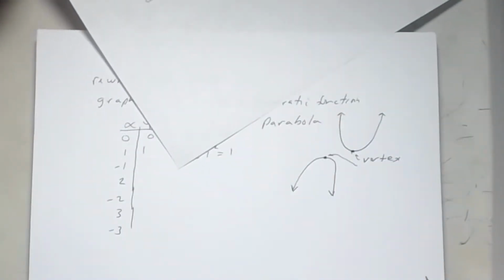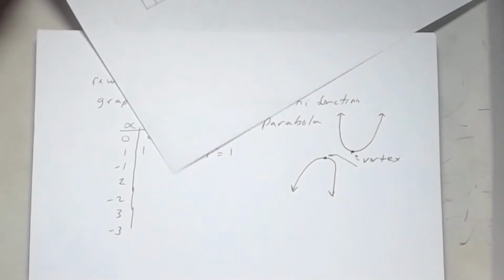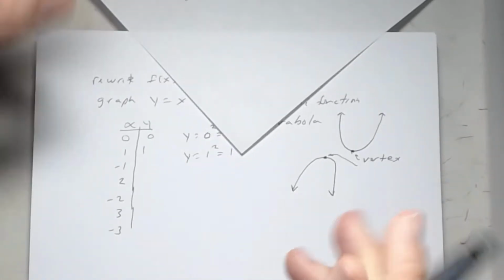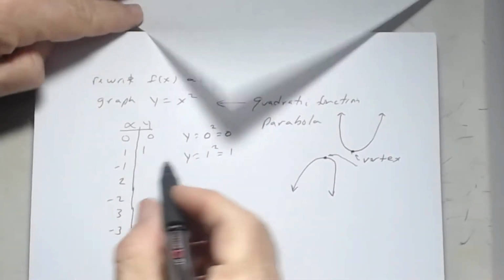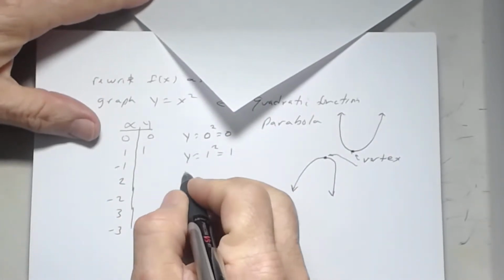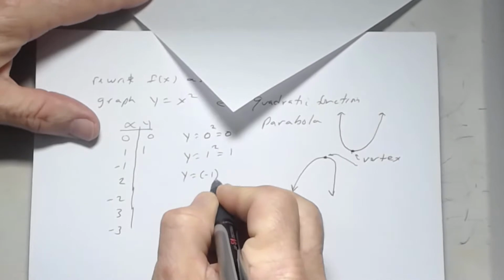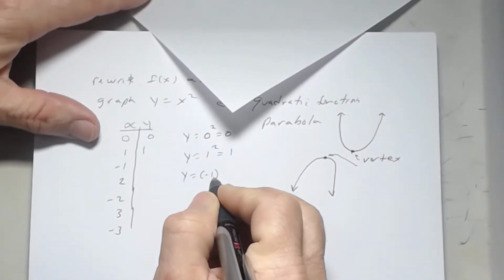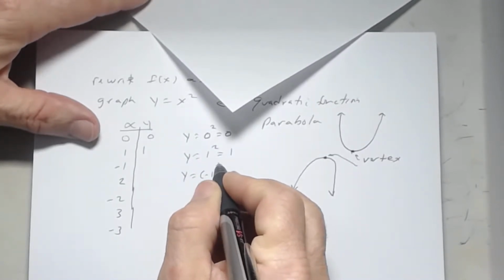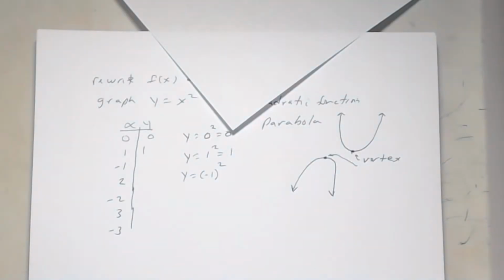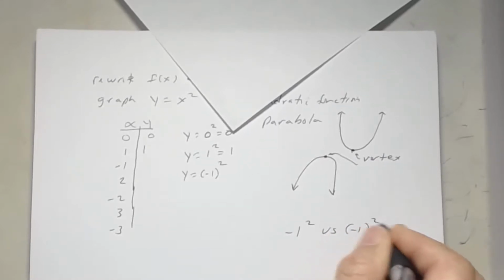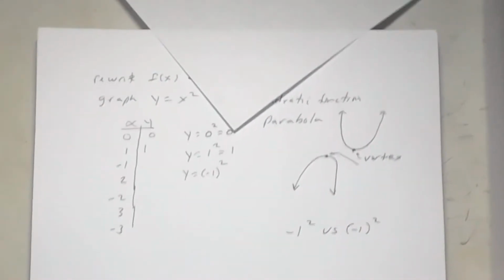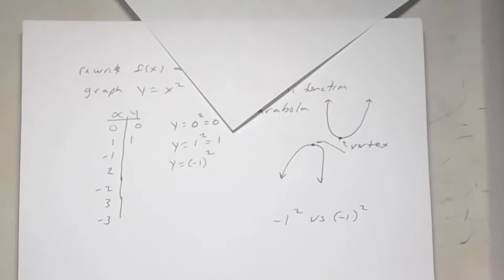When x is negative 1, you got to be careful when using your calculator. With the negative values, you need to put that in parentheses. So for negative 1, you're saying y equals negative 1 in parentheses, and what am I doing to that x value? Squaring it. All right. So remember, there's a difference between this versus this. Those are two different things. You learned about that last semester.